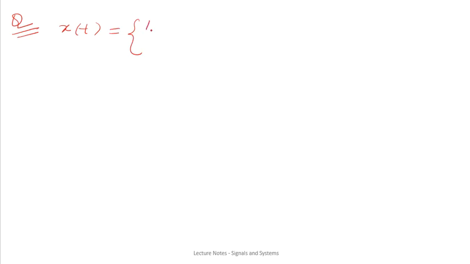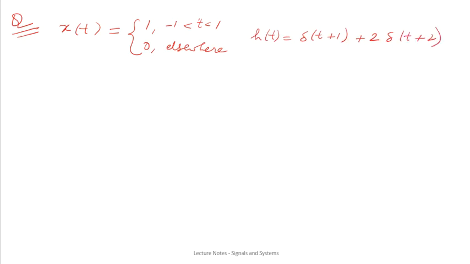Now in this problem the functions which are given to you: x(t) in between -1 and 1 is given as 1, and 0 at other points, and the function h(t) is given as delta(t+1) plus twice of delta(t+2).